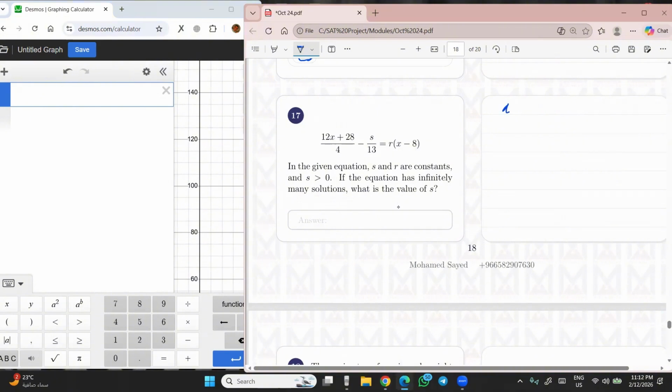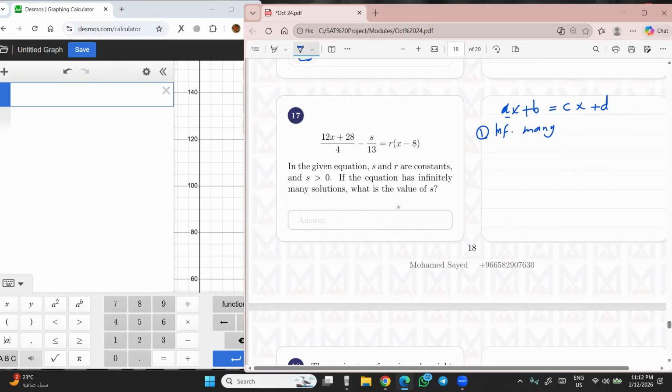If you have ax plus b is equal to cx plus d, we have three cases. Let's discuss them together. The case number one is infinitely many solutions.